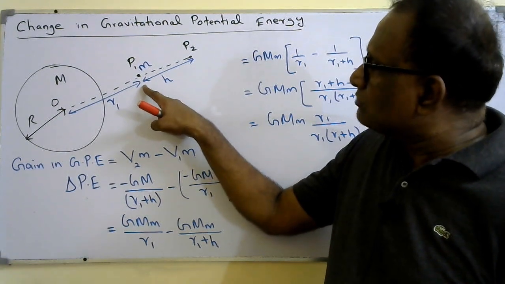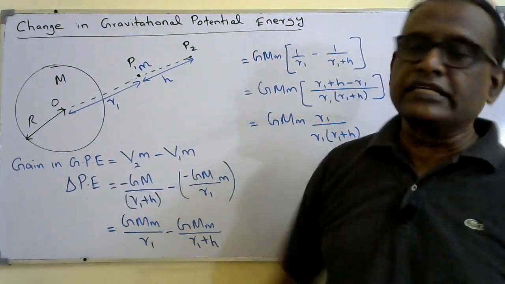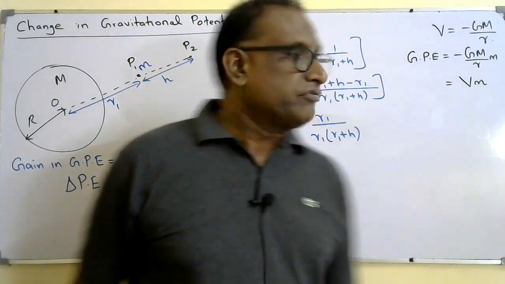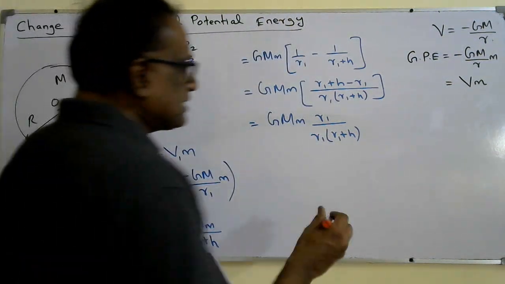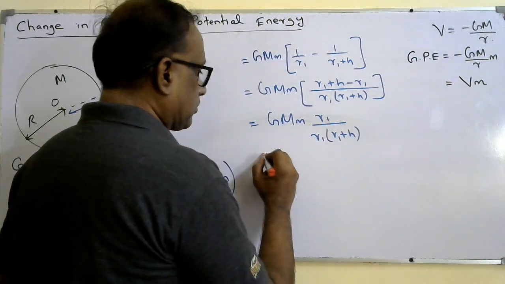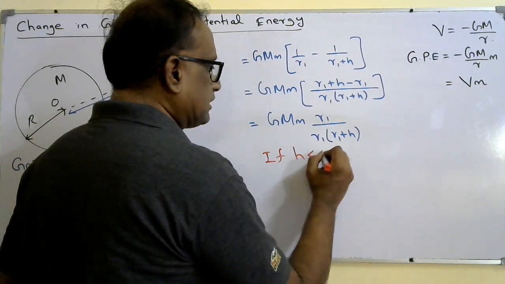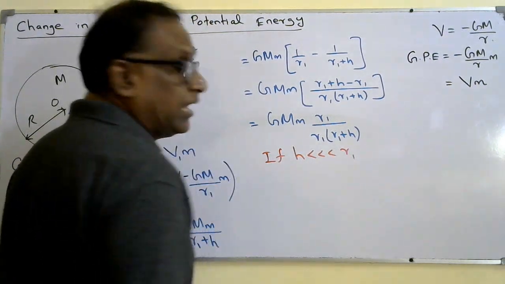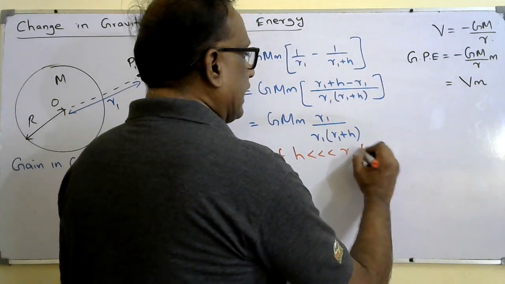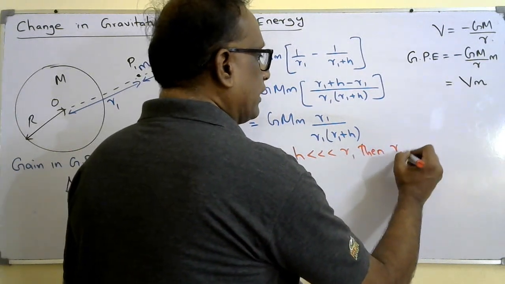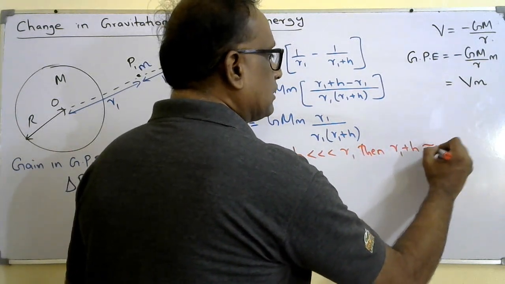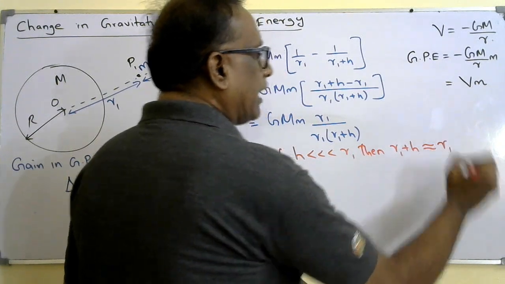So if h is much smaller than R1, then what can we say? Then R1 plus h is approximately equal to R1, almost equal to R1. So then what will happen?